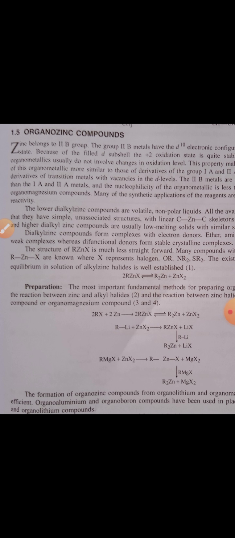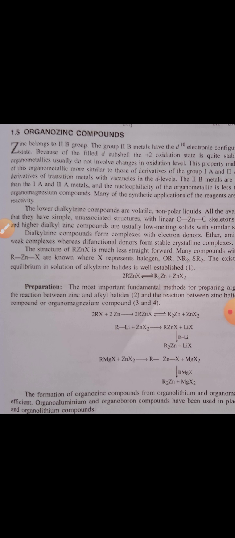Now excess of two molecules is used, and after removing ZnX2, the product we need is R2Zn. You already know how to complete the reaction and how to balance the reaction.